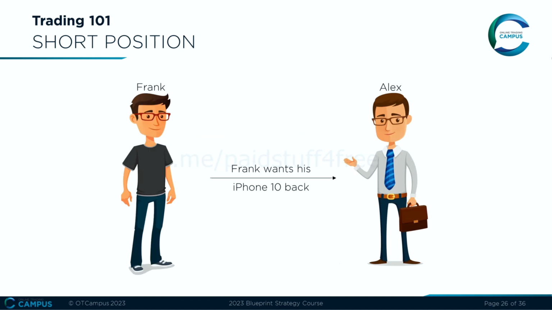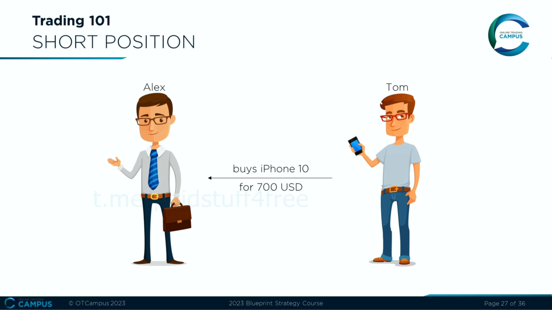Since he's a smart businessman, he knew that during that specific month, the brand new iPhone 11 would be coming to market. So what happened with the old model when the new version is getting released is it depreciated in price quite a lot, right? So Alex is now going to Tom, who he knows has the iPhone 10 as well, but wants to buy the new iPhone 11.